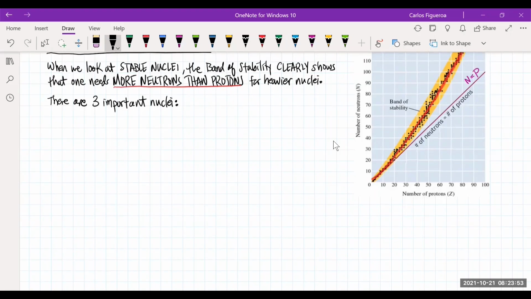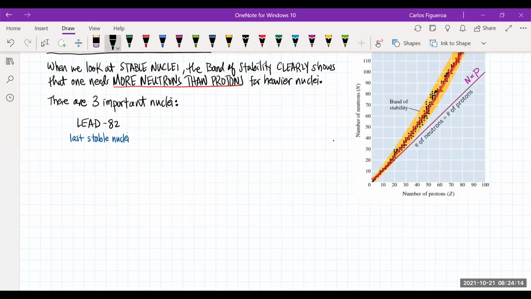One, without any doubt, has to be lead. Lead is number 82. So why is this important? Because this is the last stable nuclei. That's why that's important.